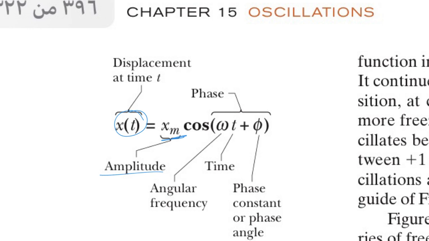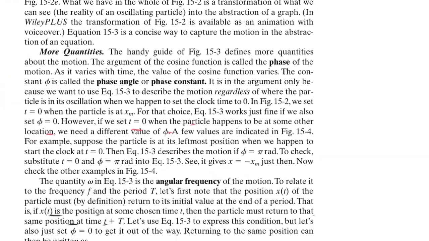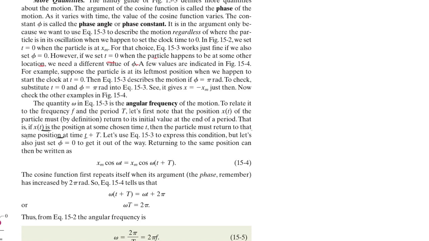Xm is the amplitude, cosine of omega t plus the phase. Omega is the angular frequency, and here this is the time, and this is the phase constant, and all of this together is the phase, which represents the argument of the cosine function.